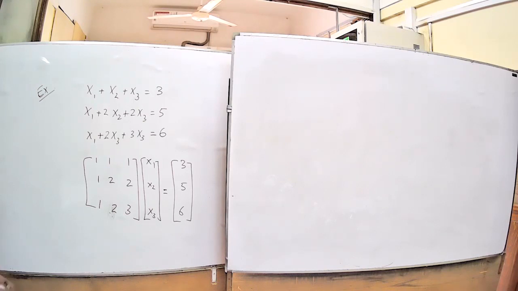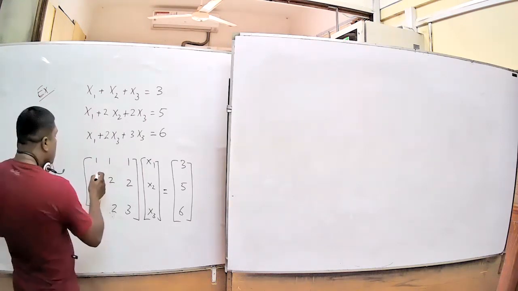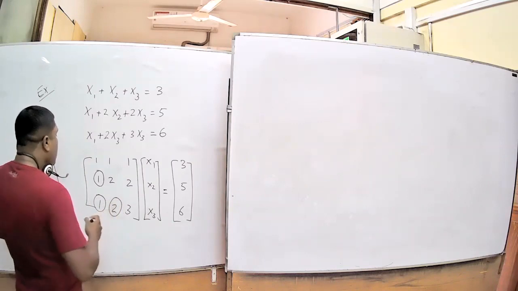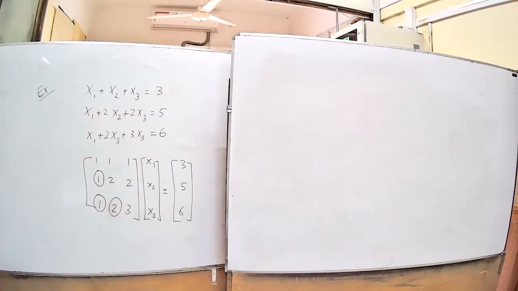So basically you want to make this to be 0, this to be 0, and this to be 0. That is what you want to do first. You want to make these numbers 0. In order to do that, you have to do some row operations. We studied 3 types of row operations.